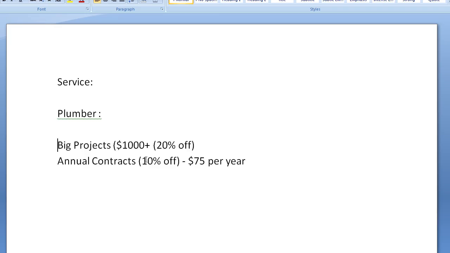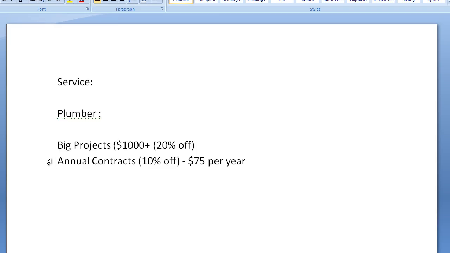So this essentially could be the one-time offer. Now with plumbers, you probably don't have as many tiers as you would if you were doing consulting, eBooks, or information products and things like that. So now, enough talk. I'm going to keep going here. So big projects, annual contract, that can be a one-time offer.